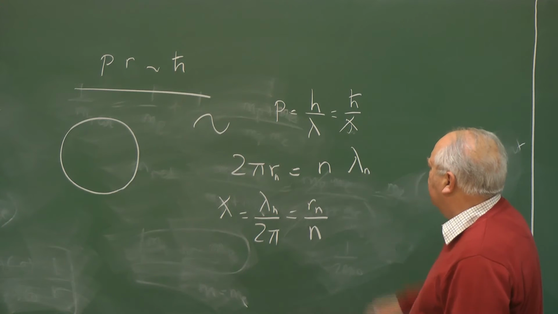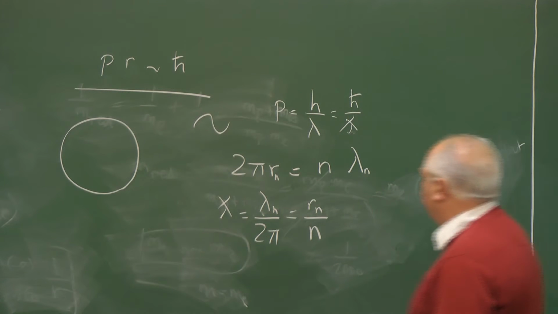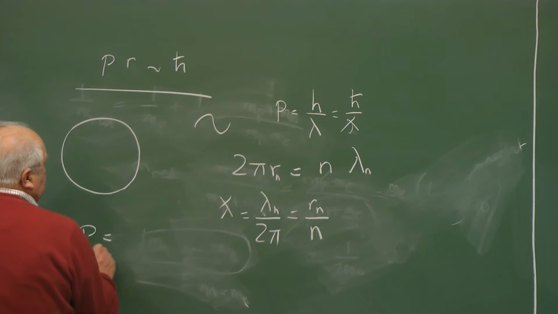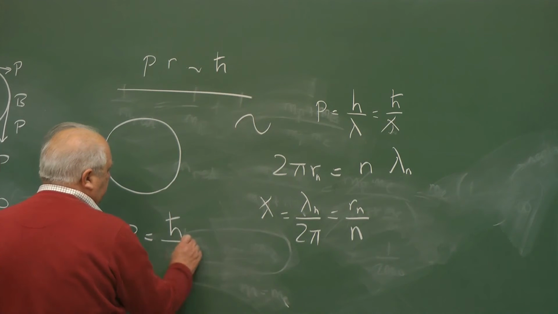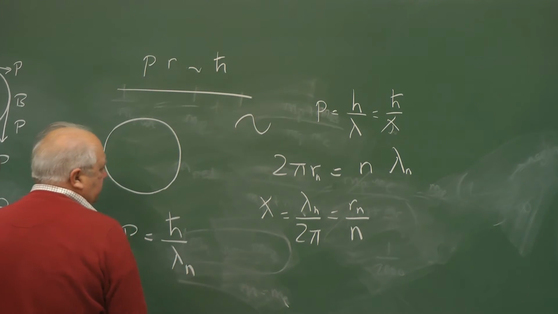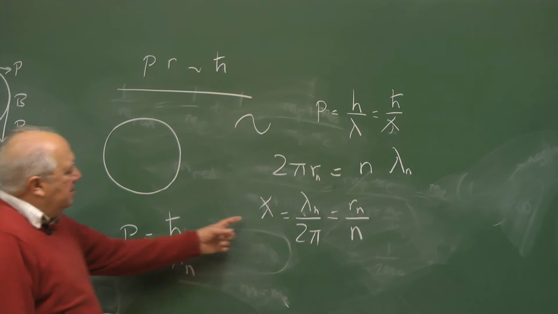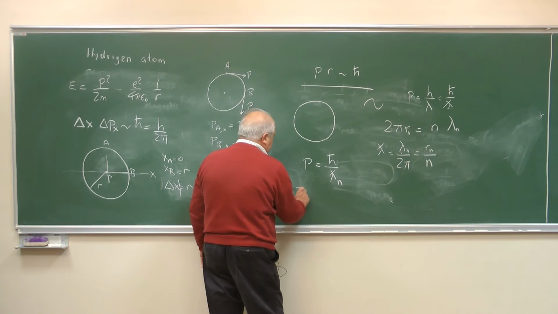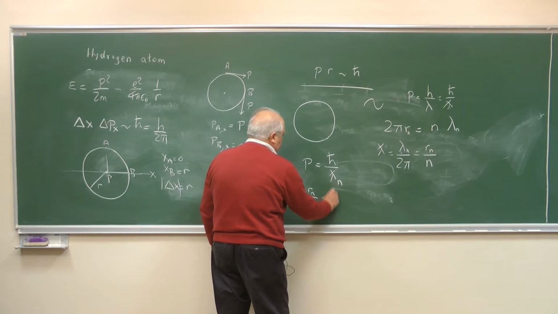For convenience, let's take that to be lambda bar. So P will be, for the nth level, h bar over lambda n bar. And lambda n bar is Rn over n. So P times Rn over n is like h bar.